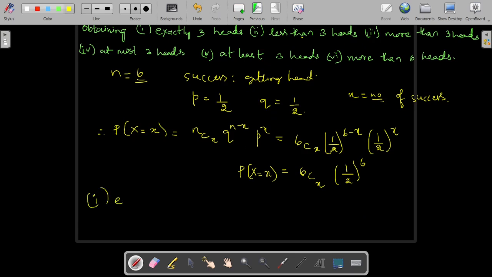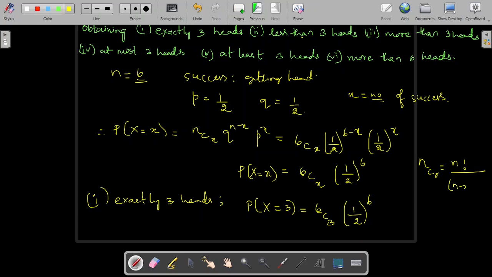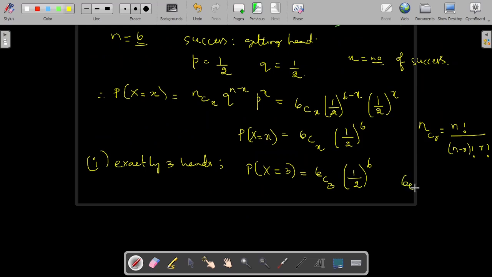So first one, exactly 3 heads. What is the probability of getting exactly 3 heads when you toss a coin 6 times? So it is P(X equal to 3). Put small letter x equal to 3: 6C3 into (1 by 2) to the power 6. This is a fixed constant, only this value changes. What is the nCr formula? n factorial by (n minus r) factorial into r factorial. As per that formula, 6C3 equals 6 factorial by (6 minus 3) factorial, that is 3 factorial, into 3 factorial. 6 factorial is the product of the first 6 natural numbers.